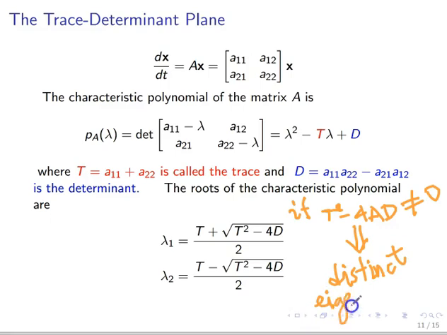Okay, and importantly, this scenario of distinct eigenvalues is relevant because that's precisely the scenario where we can use the eigenvalue method.